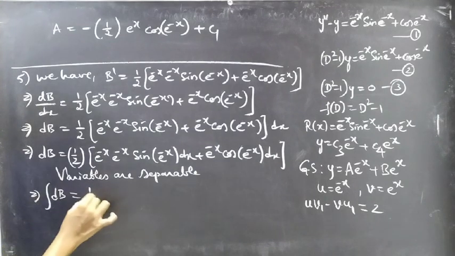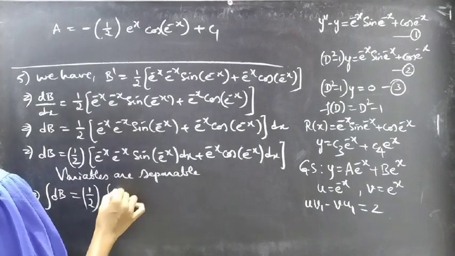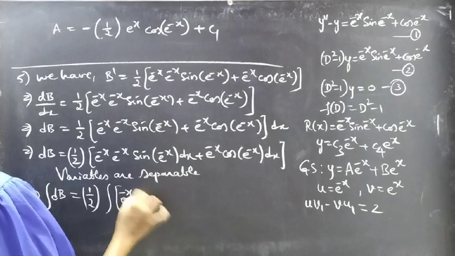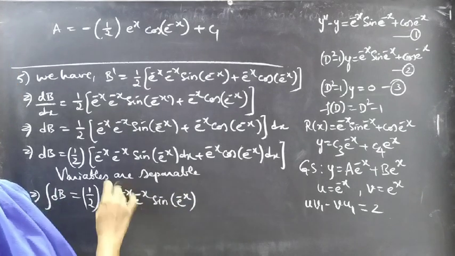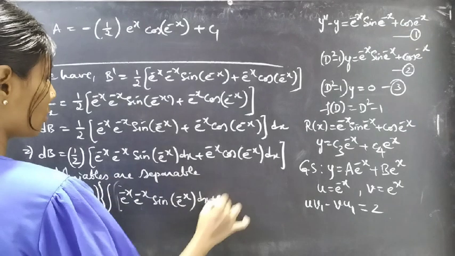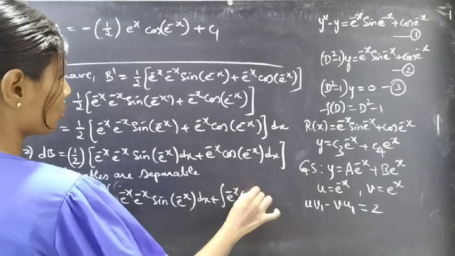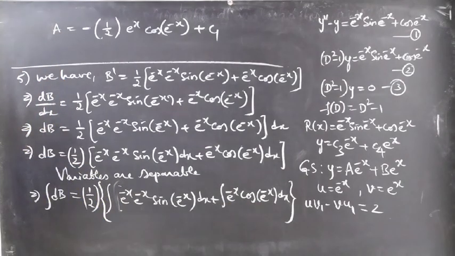Integral db equal to 1 by 2 into integral of e power minus x sine of e power minus x dx plus integral e power minus x cos e power minus x dx, right? Let e power minus x equal to some t. Now differentiate on both sides with respect to x.